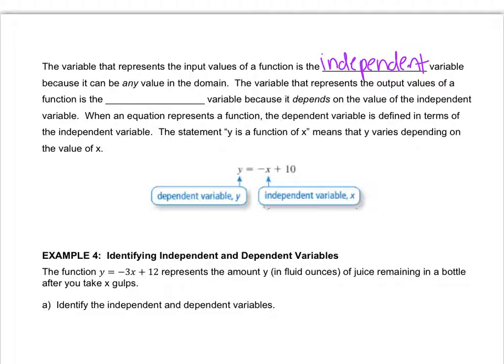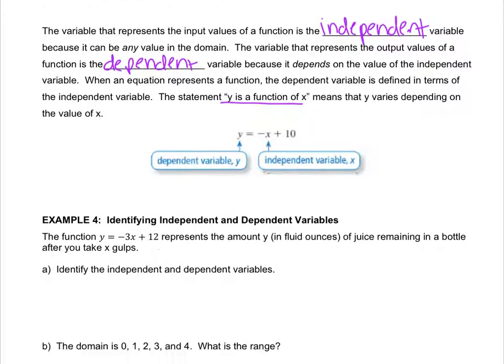So this is an independent variable, meaning you can have any value for x. The variable that represents the output values is the dependent variable because it depends on the value of the independent. So when an equation represents a function, the dependent value is a function of the independent value. So we say y is a function of x because y depends on x.